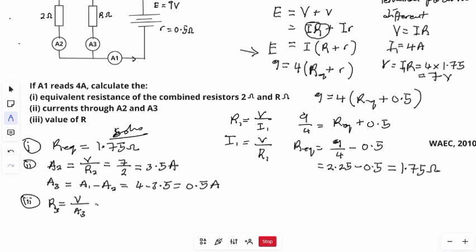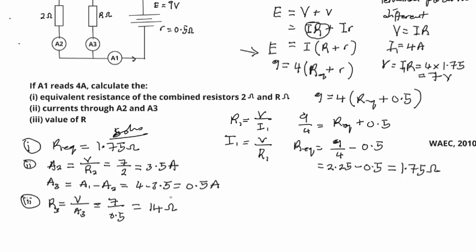So that will give us 7 divided by 0.5 amps, which equals 14 ohms. So we've answered the third question. The value of our R is 14 ohms.